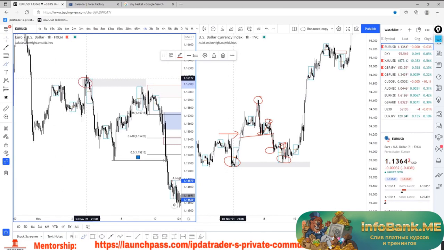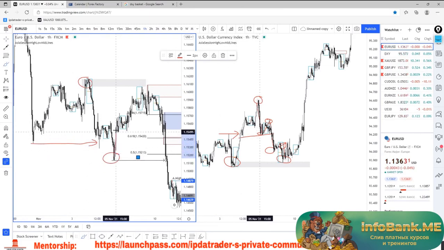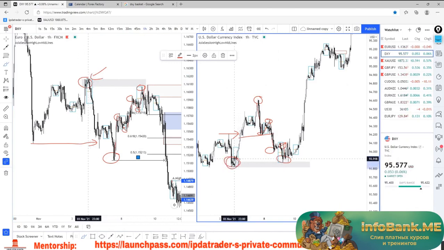We look over here, and we have the same thing occurring. We have a potential lower high, we break structure over here, we create a new lower low. Now we're retracing, building that bullish order flow. And as Euro USD is hitting this supply zone, bearish order block, whatever you want to call it, you can realize that the DXY index is hitting that opposing demand zone and is potentially shifting higher.